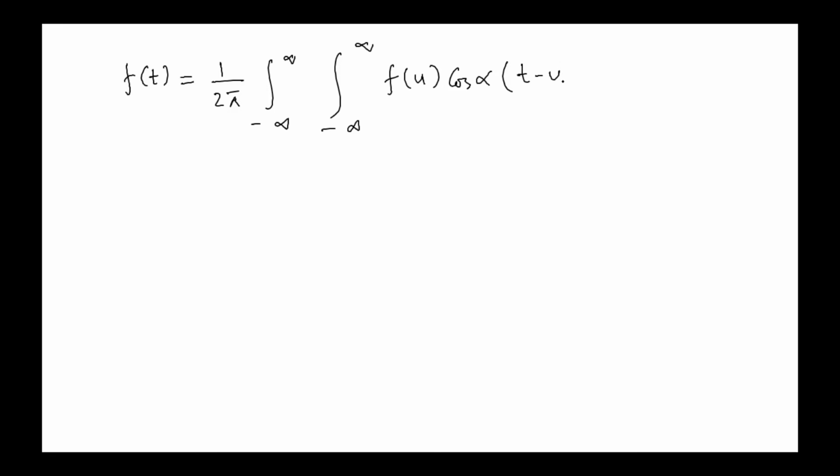I will show you one very interesting result from the Fourier integral theorem. We know f(t) equals 1 by 2 pi integration from minus infinity to infinity, integration from minus infinity to infinity, f(u) cos alpha(t minus u) du d alpha. Say equation 1.